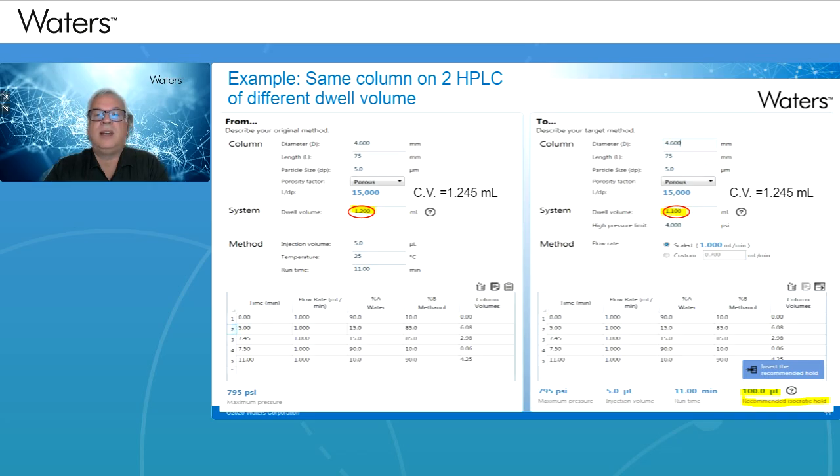What we do typically is we add the time in my table. So in my table, I will add the 0.1 to the isocratic initial condition. That will compensate for the dwell time difference on my 2 systems.